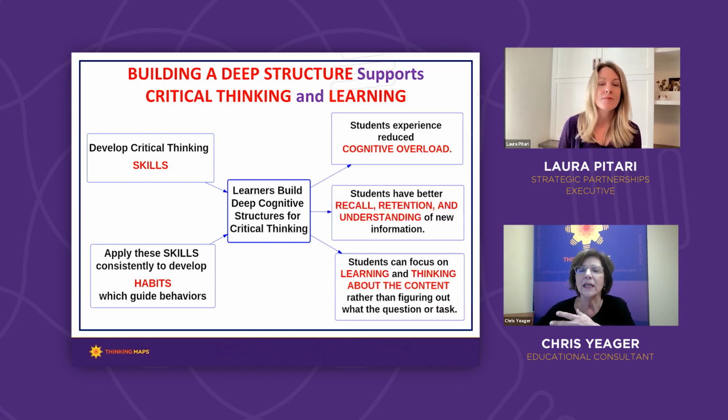So if kids own these deep structures, they're going to experience reduced cognitive overload. That's an emotional thing that adds a huge element to learning. They'll be better able to recall, retain, and understand new information. They'll focus on learning and thinking about the content rather than just figuring out, oh my God, how should I think about that?